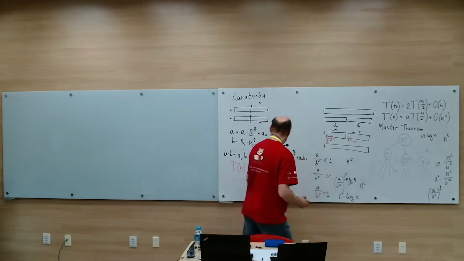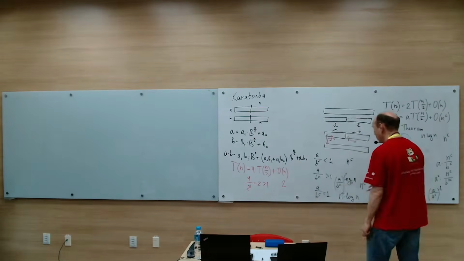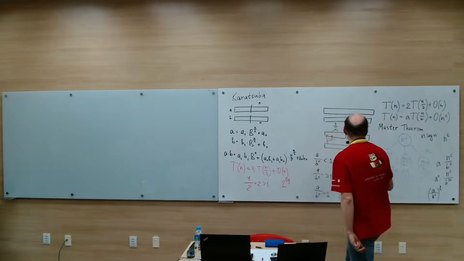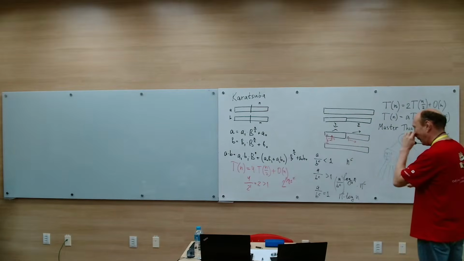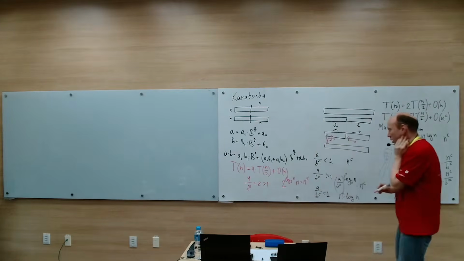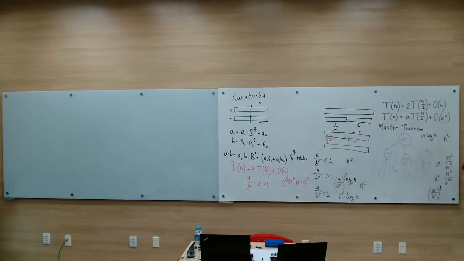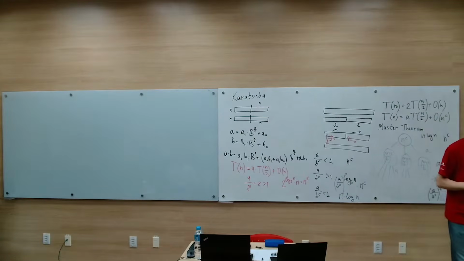The complexity is n to the power of log base 2 of 4, which is n squared. So actually we've got the same complexity that we had without divide and conquer. It looks like it didn't work, but at least we see that this case is not as bad as we thought initially. It's not exponential at least, but we don't have any improvement.